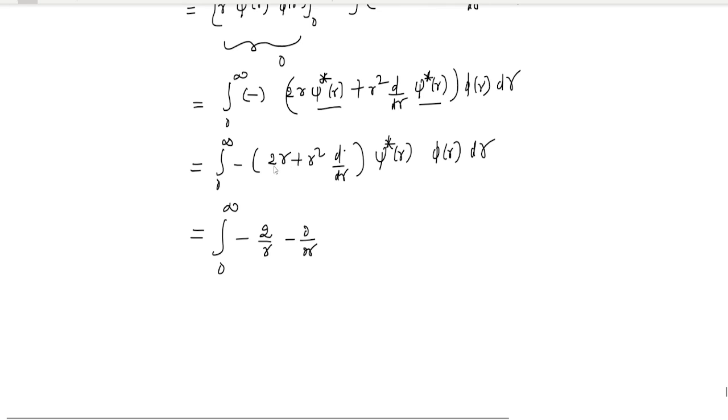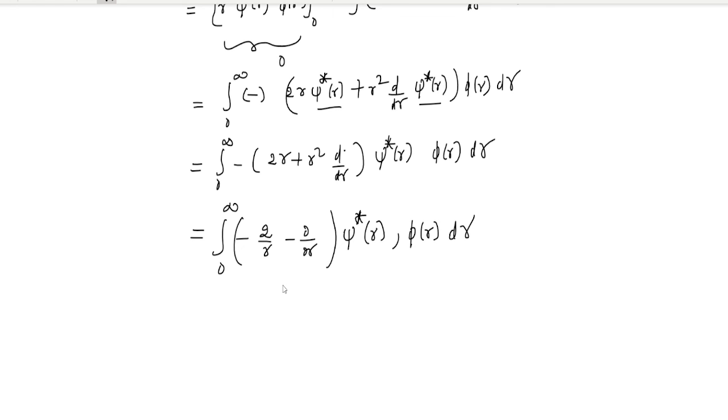I divide these two terms by r, then I can get this: ψ*(r) comma φ(r) dr.